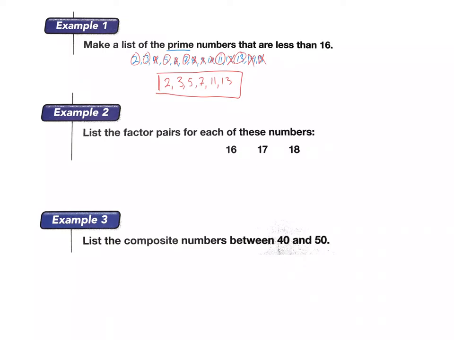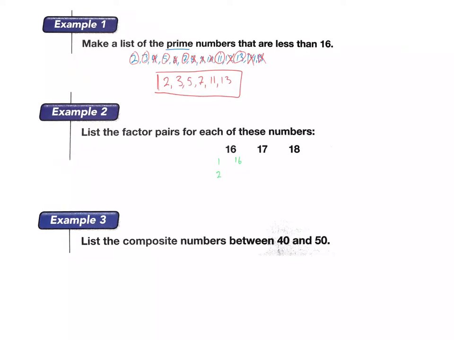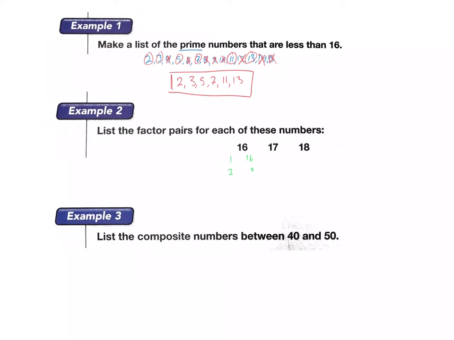List the factor pairs for each of these numbers. I'm trying to think what two numbers will multiply together to give me these numbers. For 16, I'm going to think 1 and 16, 2 and 8, 3 nope, 4 times 4.